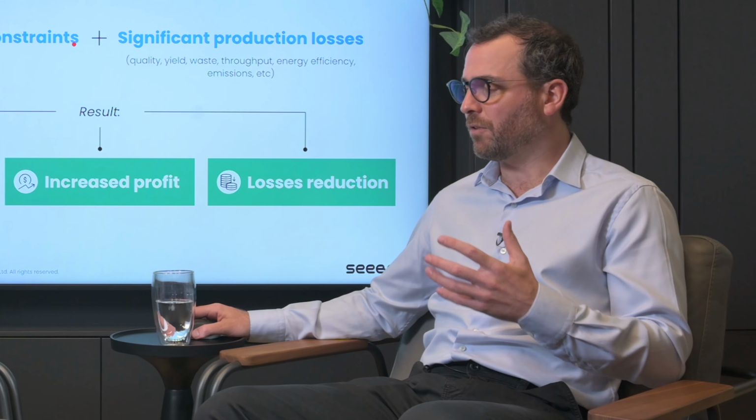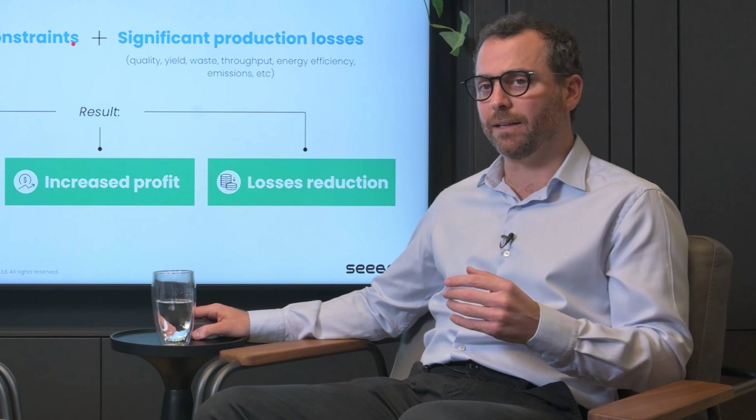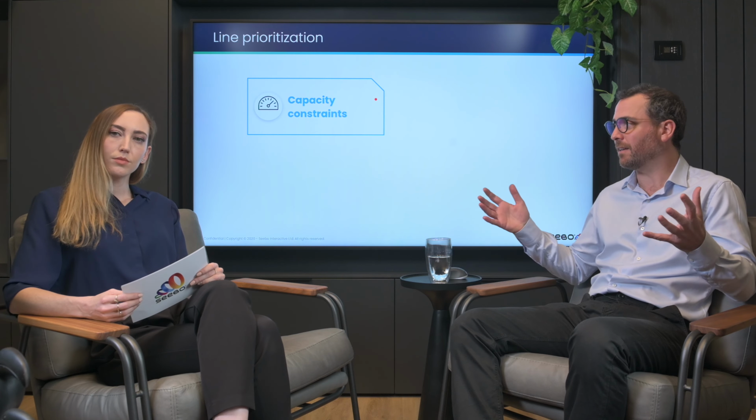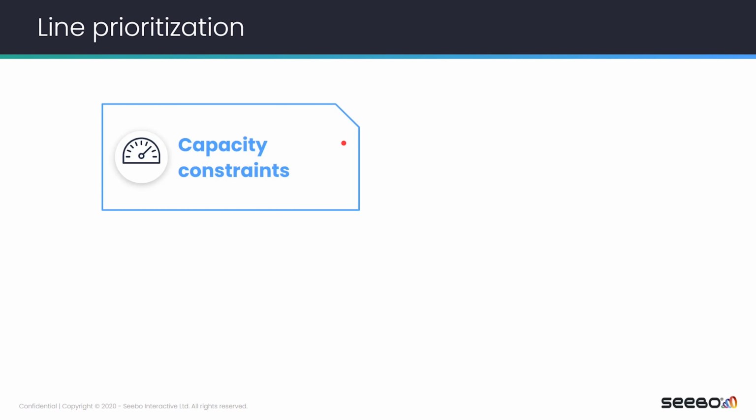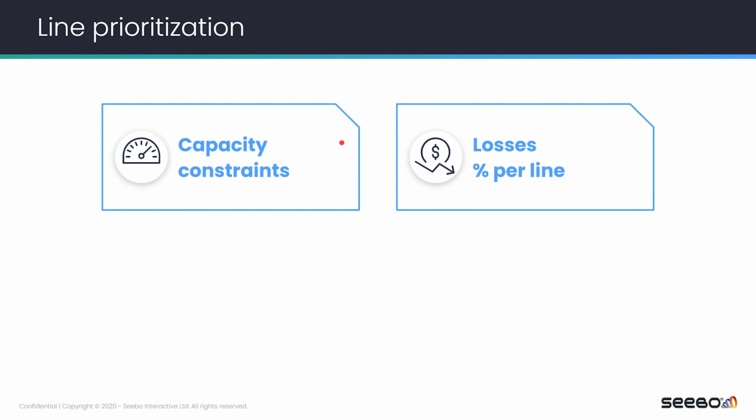Our recommendation for manufacturers that are debating this is to start with mapping the different production lines. For every line, they should collect generally 4 major data points. The first data point is the capacity. Let's mark the lines that, if we optimize, will most affect the sales and serve the demand from the market. The second thing is the amount of losses. How much optimization potential do we have?